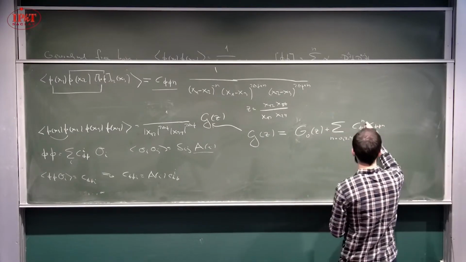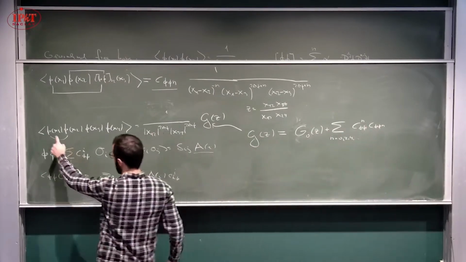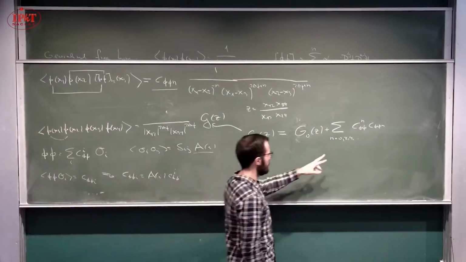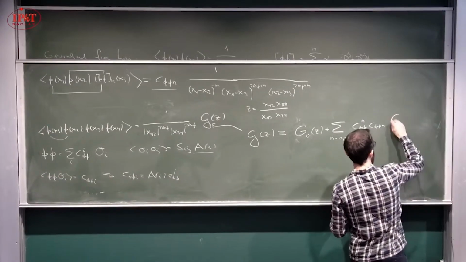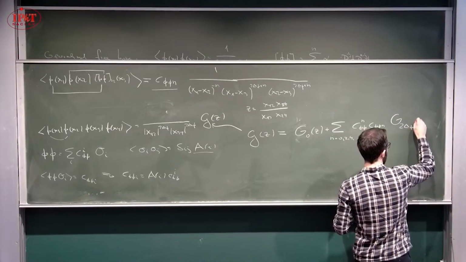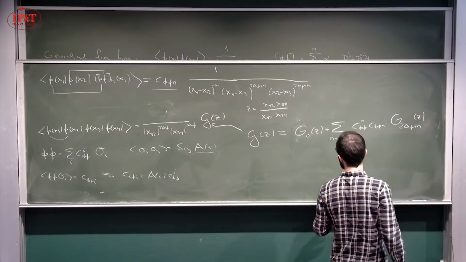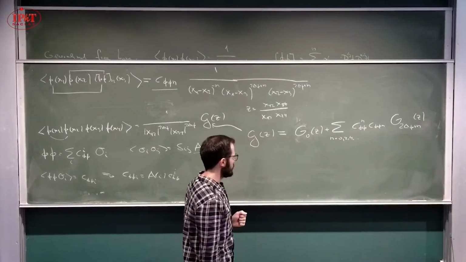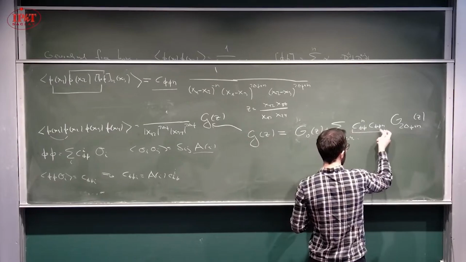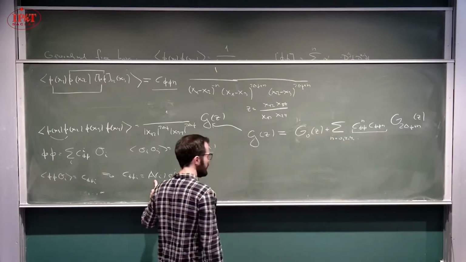So this is from the OPE, and then the rest is a 3-point function. So it's a product of the upper and lower index times the conformal block of dimension 2 delta phi plus n, which is the dimension of this arbitrary operator. So this is an equation that should be valid, and we already computed both of those two things because we computed C phi phi n and we computed the an.